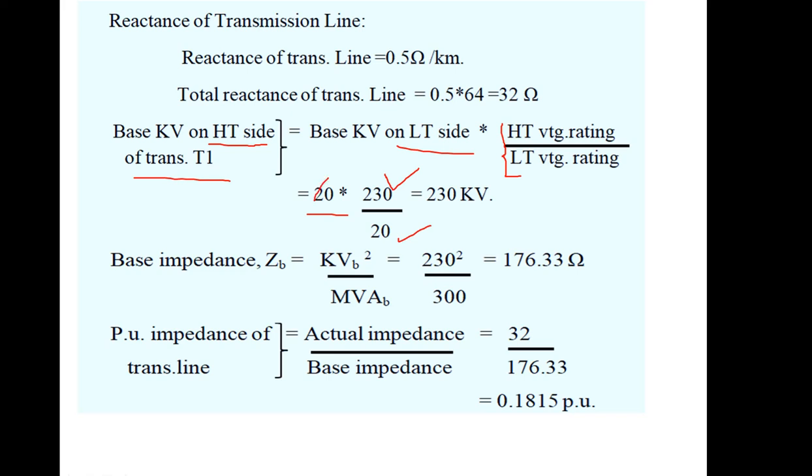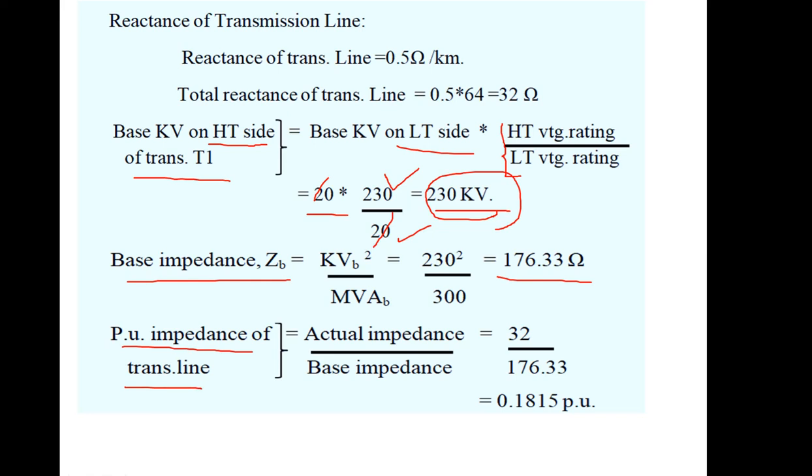These cancel, and we obtain the base kV on the HT side as 230. After finding the base kV, we find the base impedance, kVb squared by MVAb. kVb here is 230 and MVA is 300, giving 176.33 ohms.